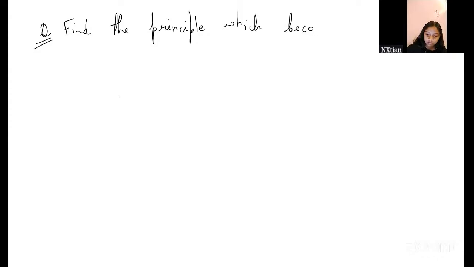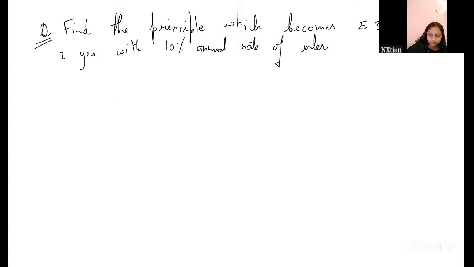Find the principal which becomes rupees 3630 after 2 years with 10% annual rate of interest, when interest is compounded annually.